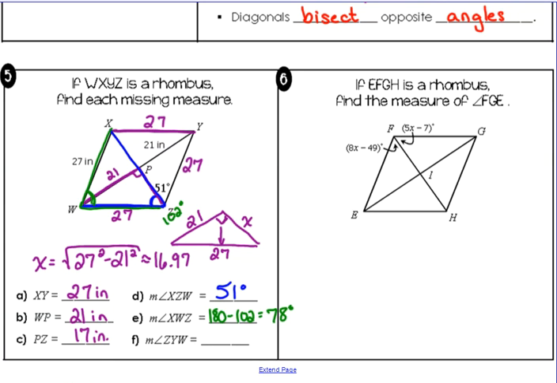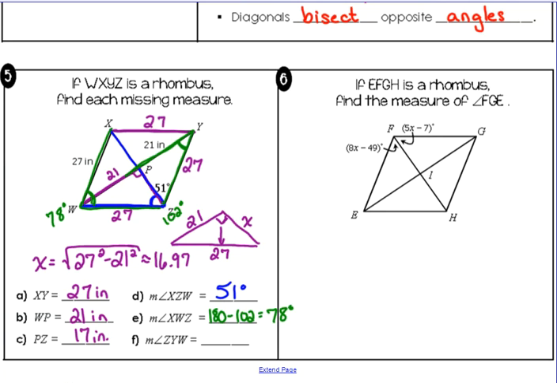Okay, last one, ZYW. Angle ZYW. Z to Y to W. We're talking about this little piece here. Well, that is opposite the angle that we just found. So the angle that we just found was 78 down here.